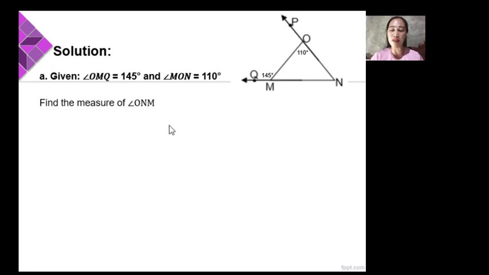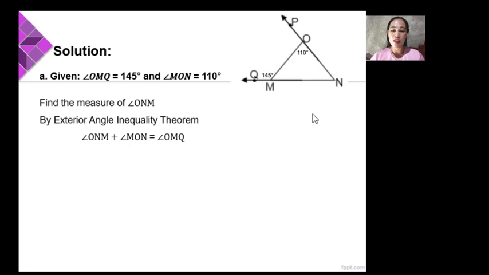So we can find the measurement of angle ONM by the exterior angle theorem. Angle OMQ is the exterior angle, and angle MON and angle ONM are the remote interior angles. So we can say that the sum of the measurements of these two remote interior angles is equal to the measurement of the exterior angle.